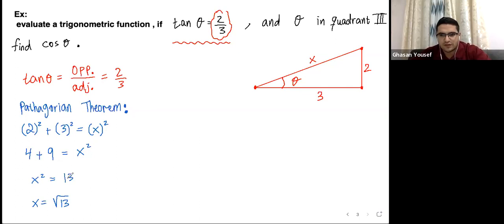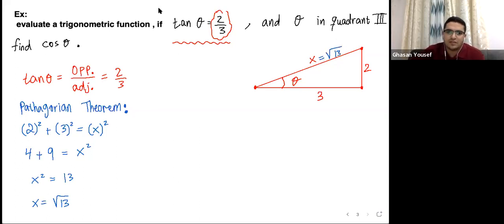So x squared equals 13. Can we leave it as x squared equals 13? No, you have to find the value of x. Take the square root of both sides, and you get x equals the square root of 13.